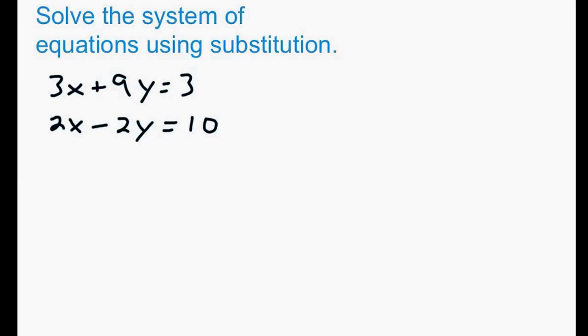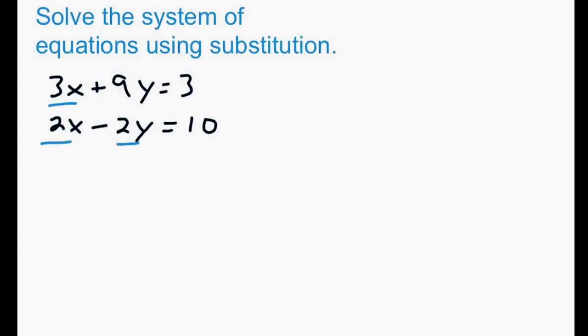Alright, so here I got to pick one of these equations, and it looks to me like I could actually use either of them. I'm either going to use the first one and solve for x, because everything here is divisible by 3, or I could use the second one and either x or y. Doesn't really matter. So I'm just going to go with the first one. 3x plus 9y equals 3.